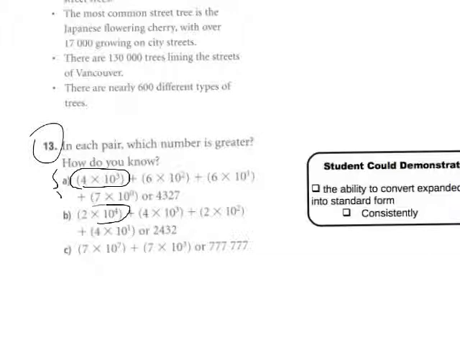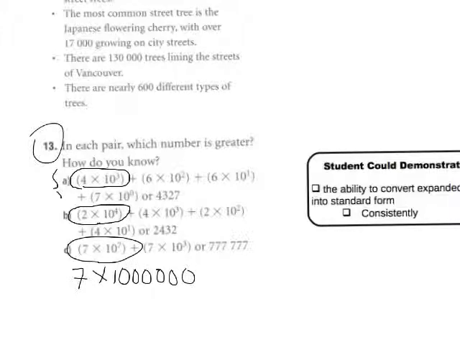This one here is 20,000. And this one here is going to be 7 times 10 with 7 zeros, plus 7 times 1,000, and you've got to figure out, is it bigger than that number?